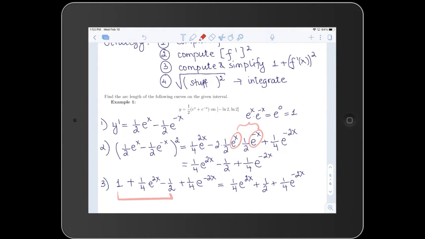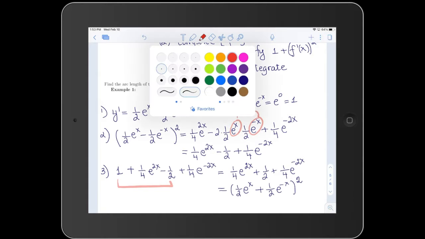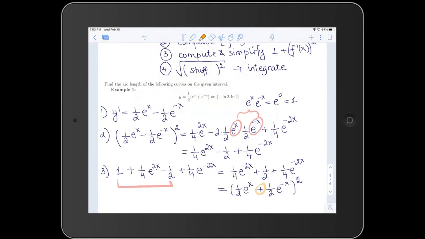Okay, but this is a perfect square. This is (1/2 e^x + 1/2 e^(−x))². Okay, and you might notice that over here the only difference is the negative and positive, right?